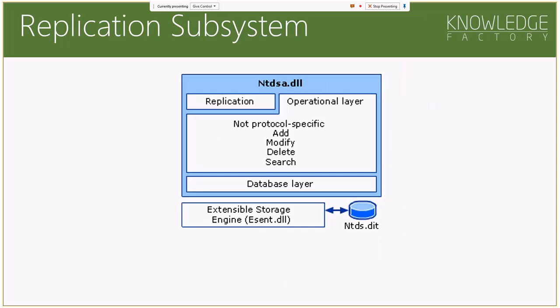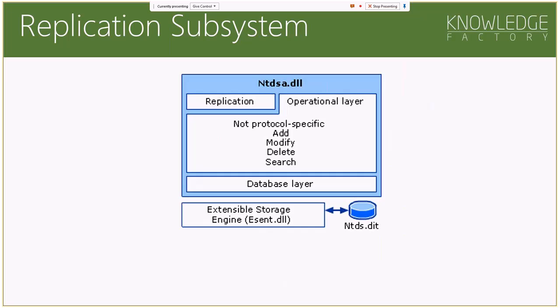And we have the database layer. That's an API that resides within NTDSA DLL and provides an interface between applications and the directory database to protect the database from direct interaction with applications. And ESE, as you know, manages the tables of records, each with one or more columns to comprise the directory database. And the ntds.dit, which is the directory database file.